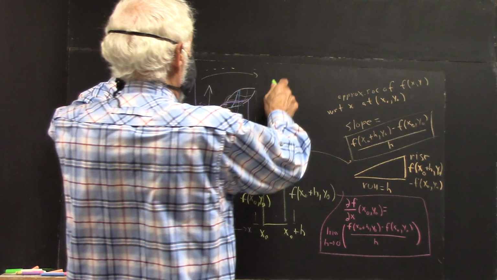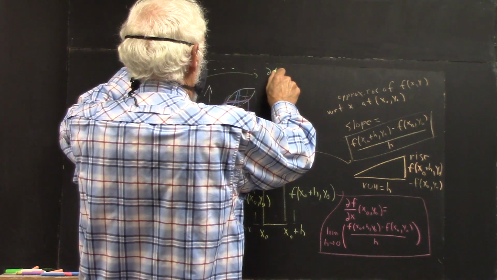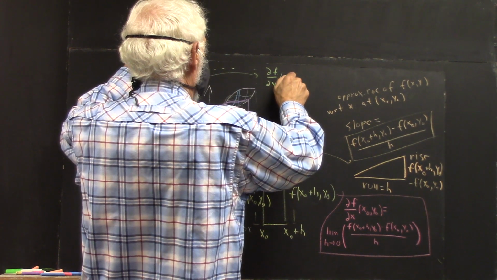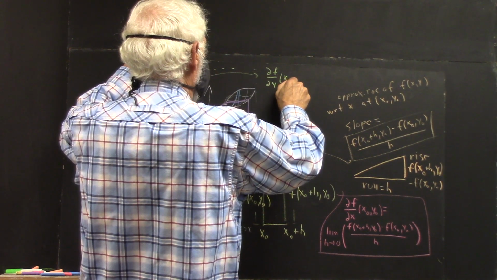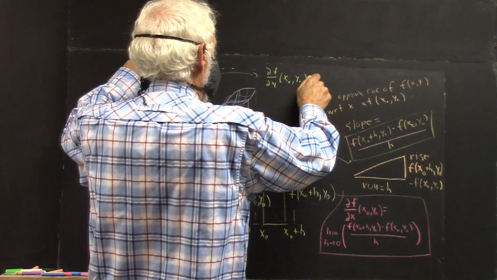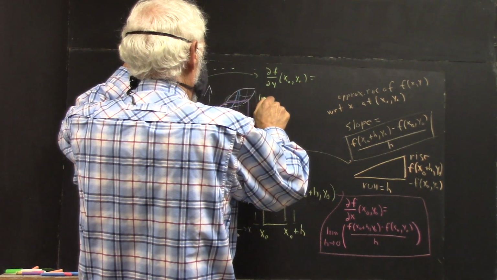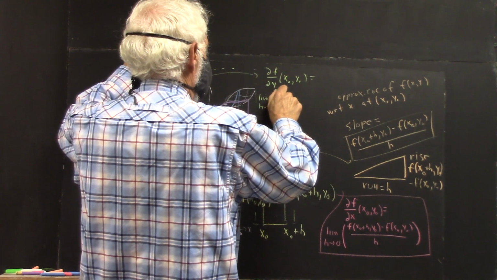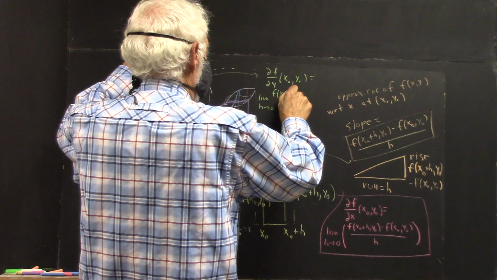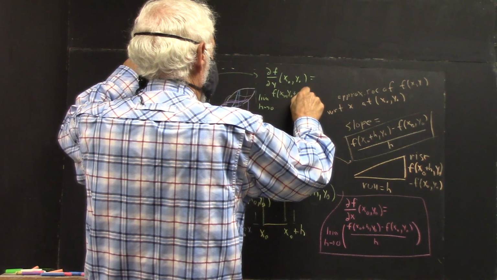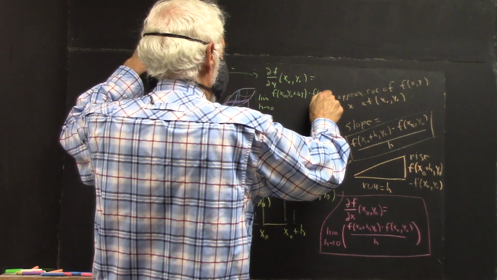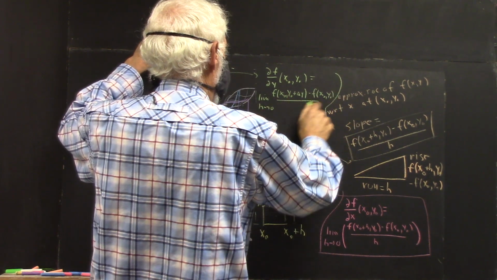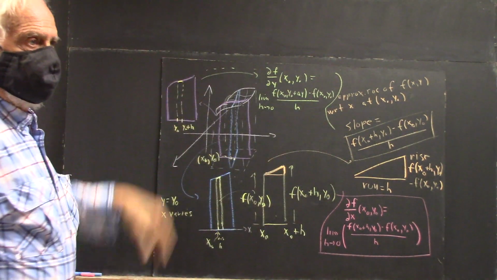So we get the partial derivative of f with respect to y at x naught, y naught. There we have it.